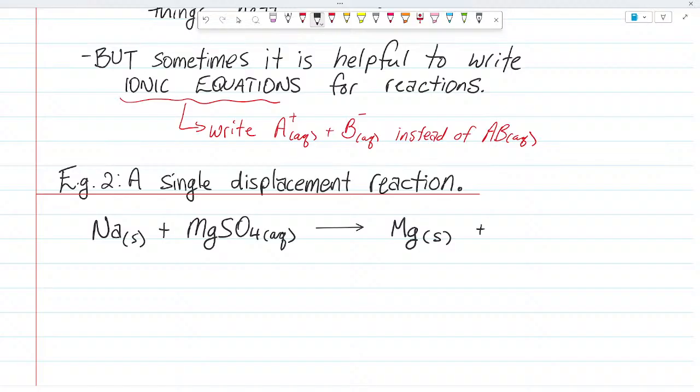And then we have to figure out what NaSO4 is. And we could do that pretty quickly. Sodium takes what charge? 1, which means that a single sodium would give away 1 electron, 2 sodiums would give away 2, 3 would give away 3, and so on. And what's the sulfate ion? -2. So where does that line up?